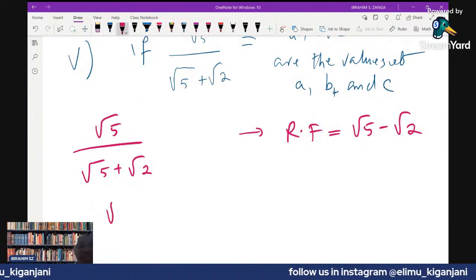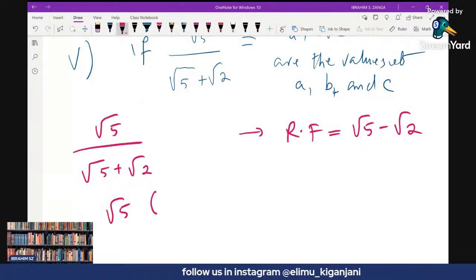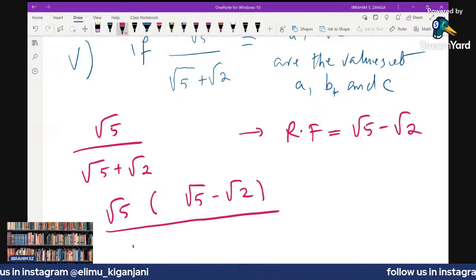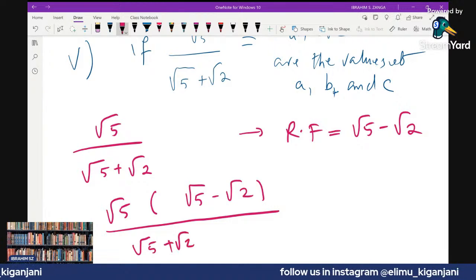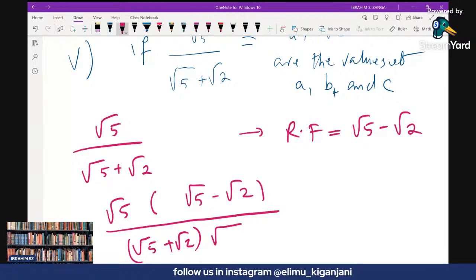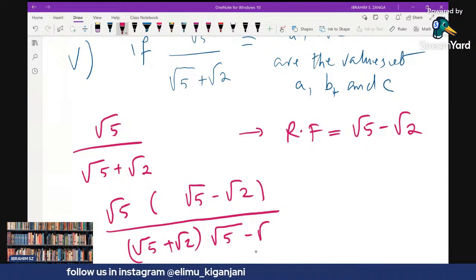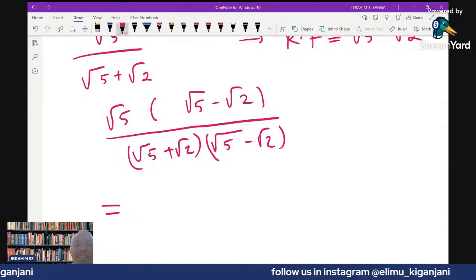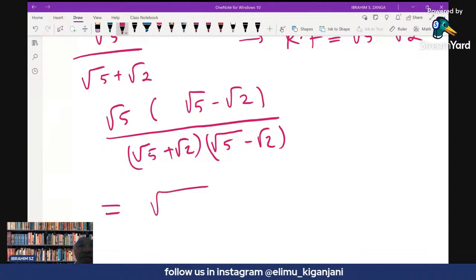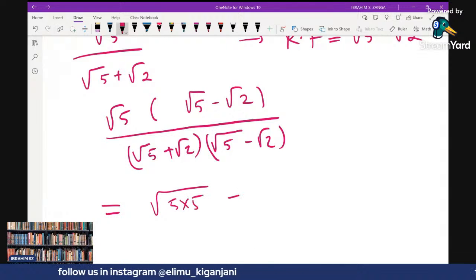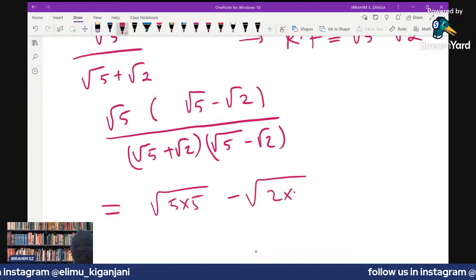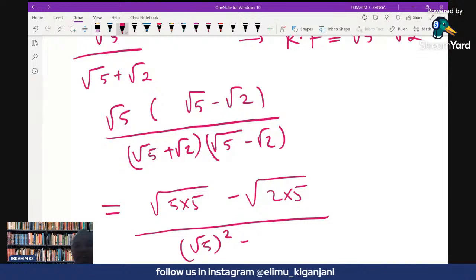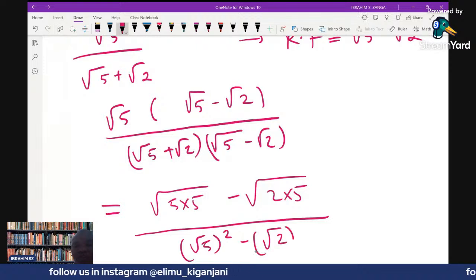So I'm going to say square root of 5 multiplied by square root of 5 minus square root of 2, over square root of 5 plus square root of 2 in the bracket square root of 5 minus square root of 2. When you multiply and open the bracket, we get square root of 5 times 5 minus square root of 2 times 5 over square root of 5 square minus square root of 2 square.